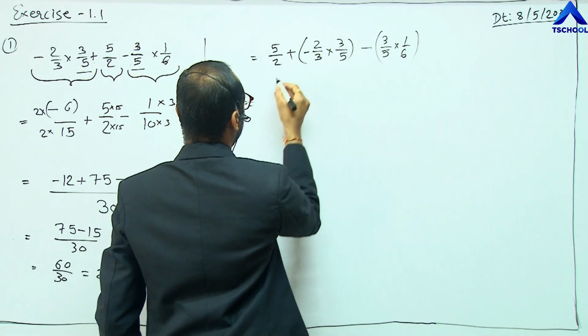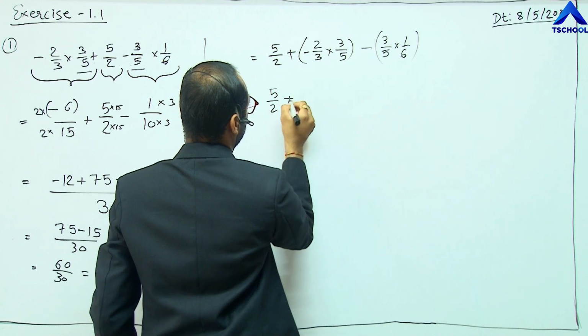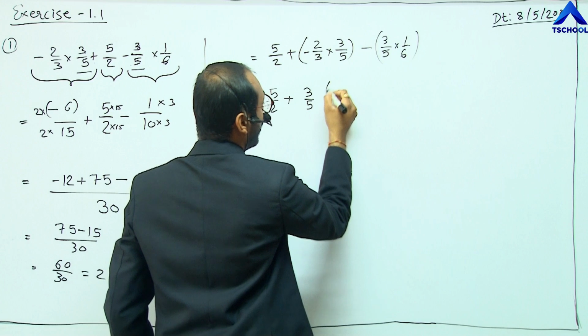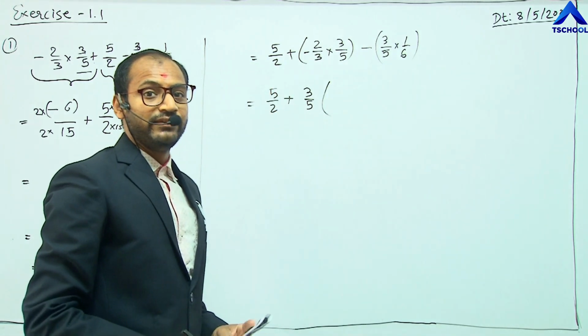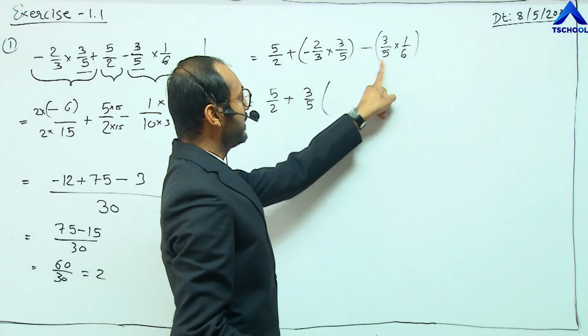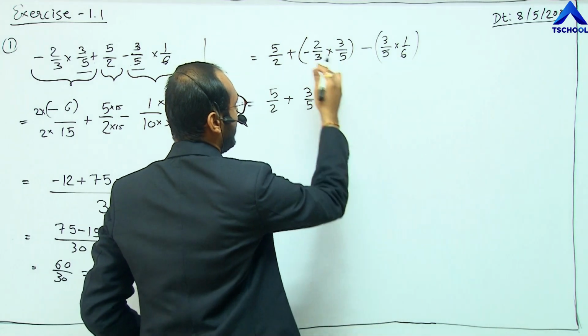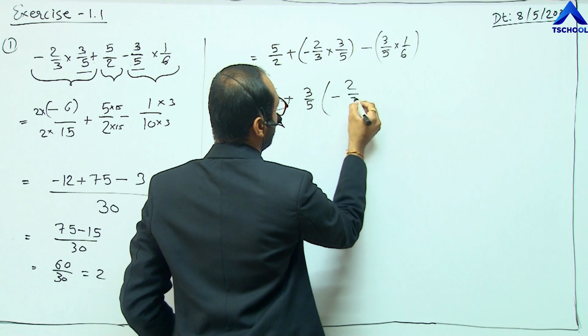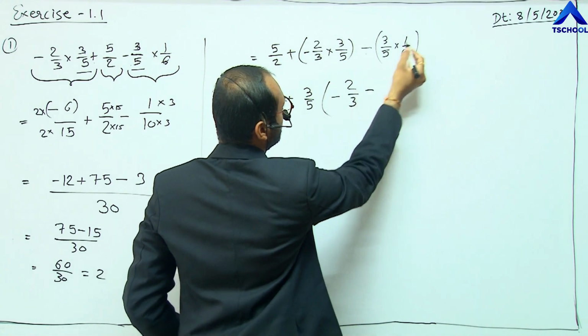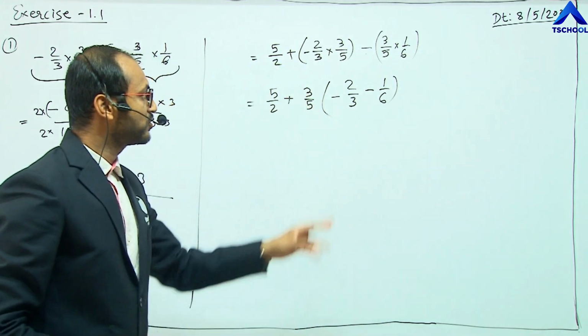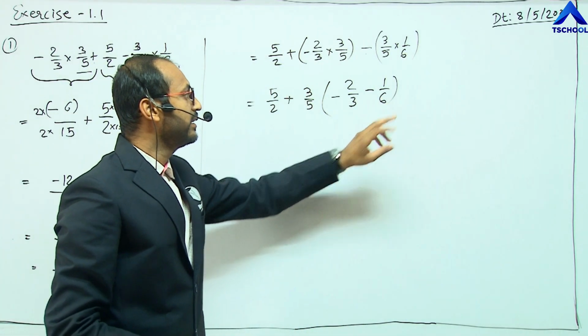So we can take it common, 5 by 2 as it is, plus, let us take 3 by 5 common according to associativity. 3 by 5 is common, hence we are taking it common, and I am writing minus 2 by 3 minus 1 by 6. Minus 2 by 3 minus 1 by 6.